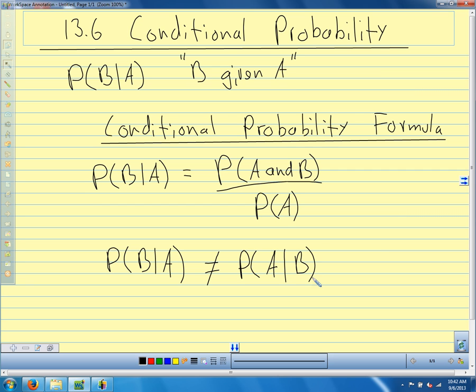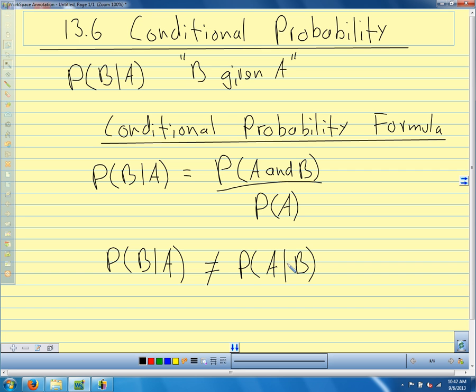So the probability that someone owns a car, given that they own a house, is different than the probability that someone owns a house, given that they own a car. The two probabilities are different, because lots of people own cars who don't own houses. Usually if you own a house, you also own a car. So if we switch the order, they're going to be different.